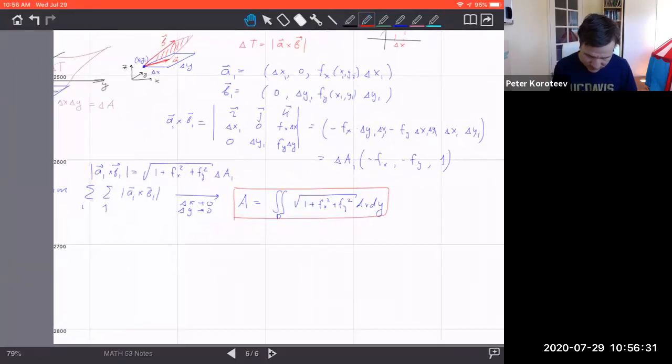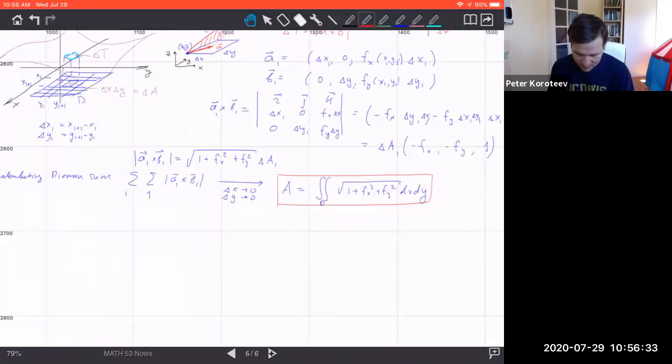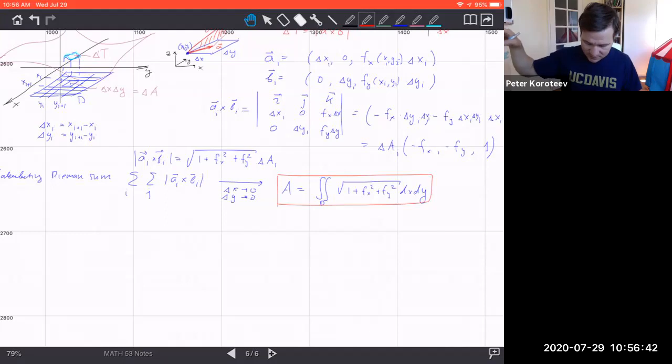So notice the similarity between that formula and that of the length of the curve, right? In the length of the curve, we had the square root of 1 plus derivative squared, and there was only one function. But now we have two functions. It is also a two-dimensional integral instead of one-dimensional.